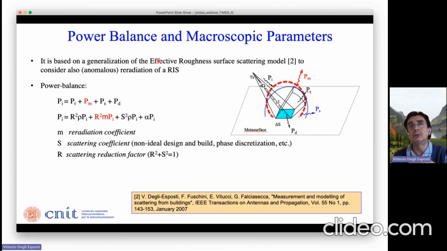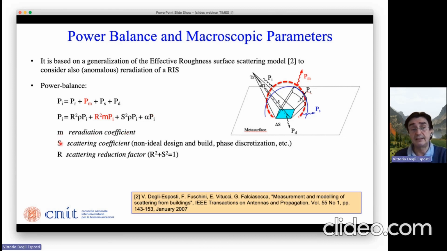So the original power balance in the effective roughness model stated that the incident power on a given surface element must be balanced by the reflected power, the diffuse scattered power, and the dissipated power inside the surface, or inside the material. But now we also have the re-radiated power, the anomalous radiation. Therefore, we have one additional term that depends on the radiation coefficient.